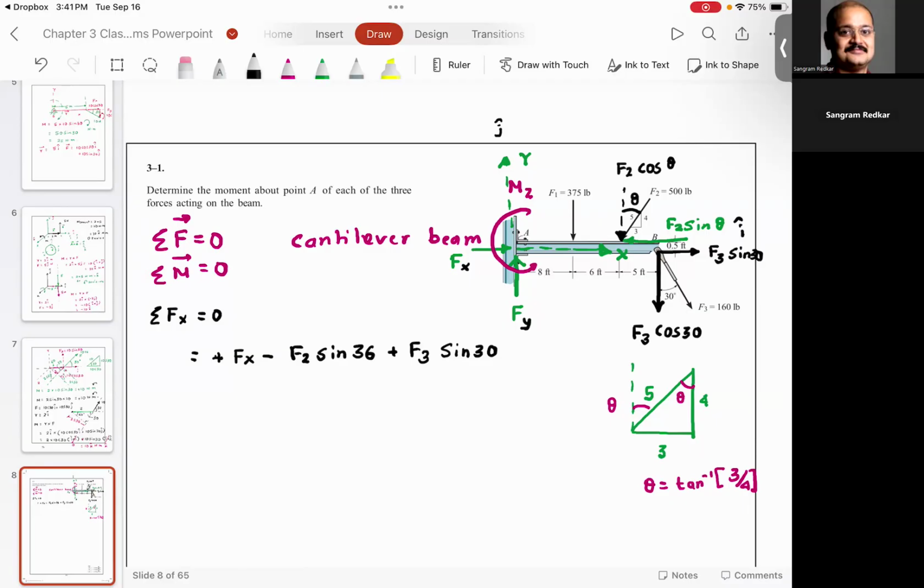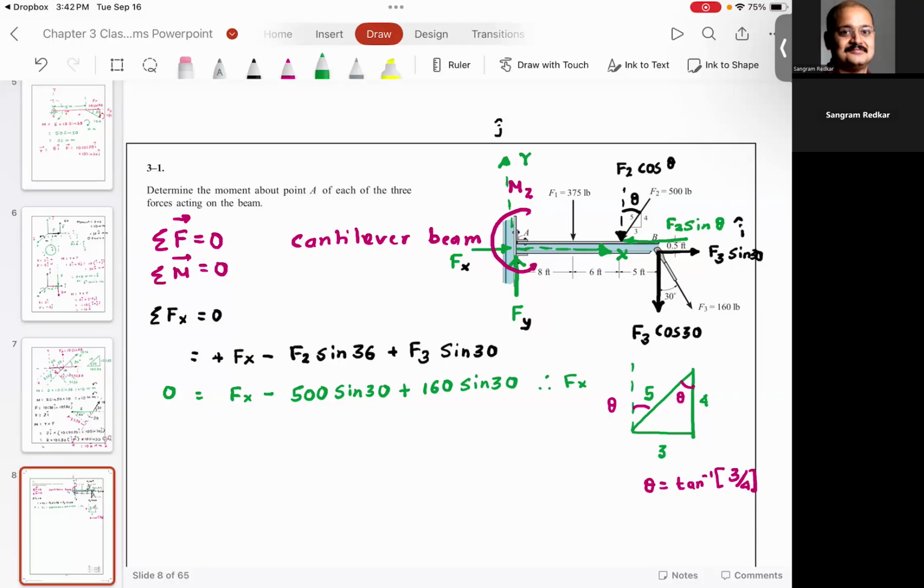So once I solve this, I can get the value of fx because the summation is going to be 0: minus F2, which is 500, sine 36, plus F3, which is 160, sine 30. Can you tell me what is the value of fx? Do you agree with me?